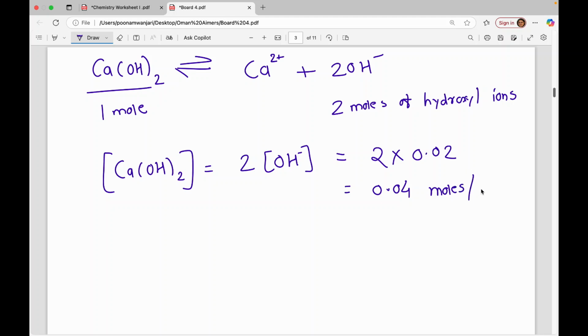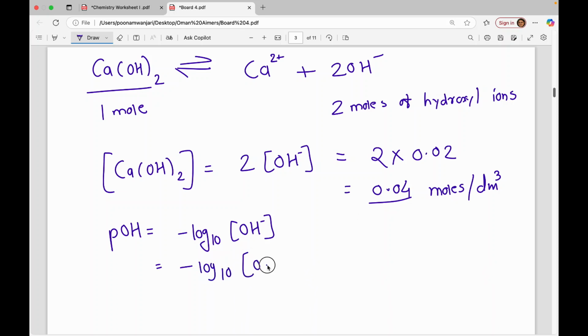moles per cubic decimeter. Now students, use this formula again. Here you get the concentration of hydroxyl ion. So pOH is equal to negative log of OH minus, because the ionic product of water is not given, so use this formula. pOH is equal to negative log 10 of the hydroxyl ion concentration, that is 0.04.